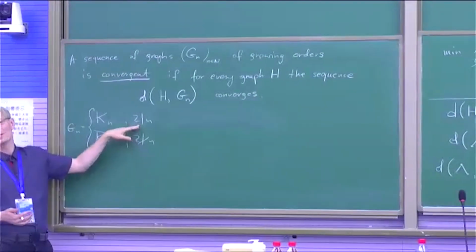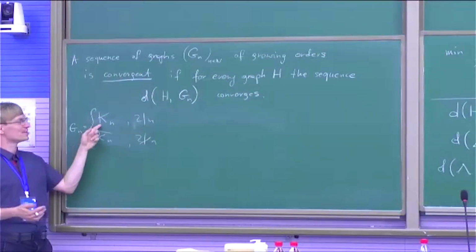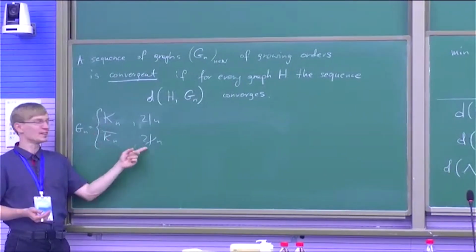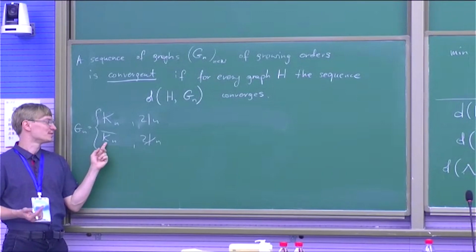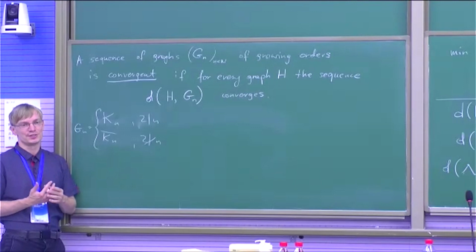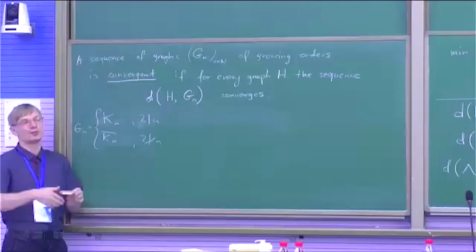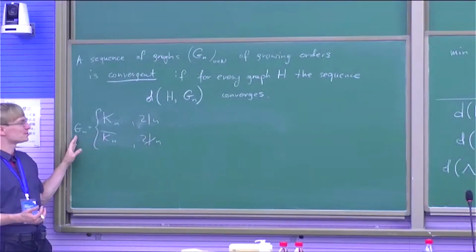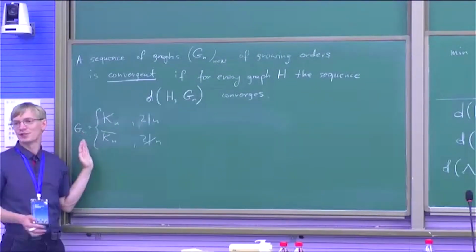For even n, the density of an edge will be 1, while for odd n, it will be 0. Yeah, because the probability of finding an edge in the complement of a complete graph is 0. So this sequence of numbers is just 1, 0, 1, 0, 1, 0. It's obviously not convergent. And so this sequence of graphs cannot be convergent. It's enough to find one graph that is violating the condition.